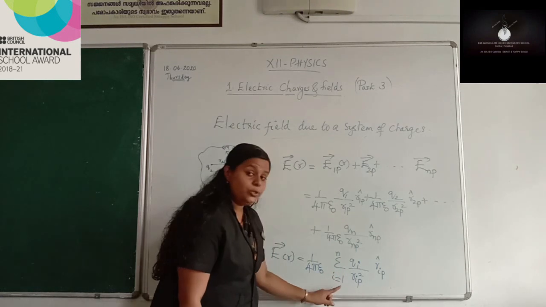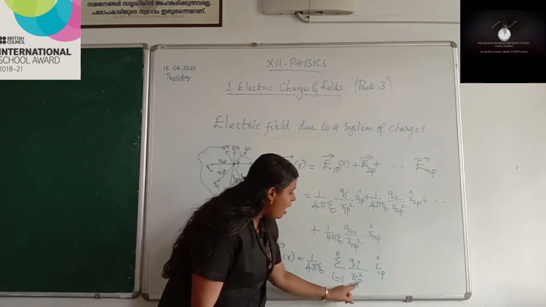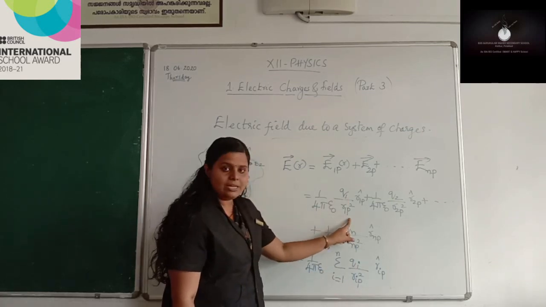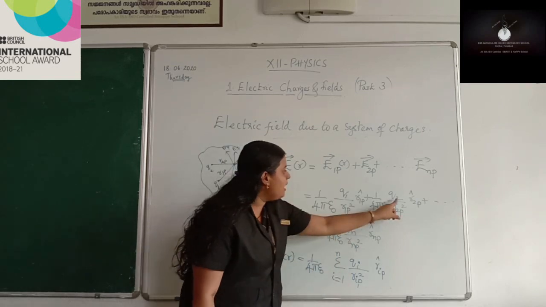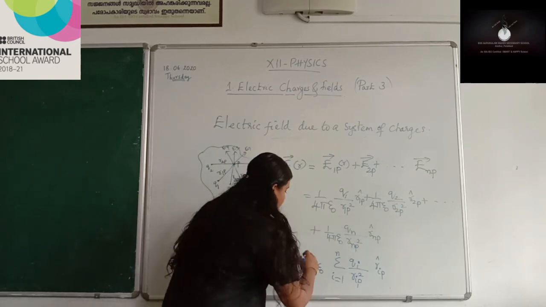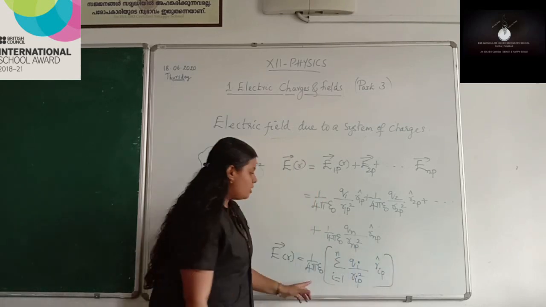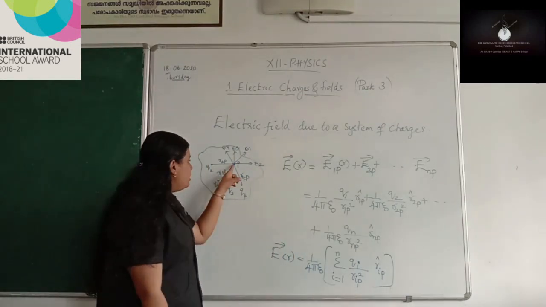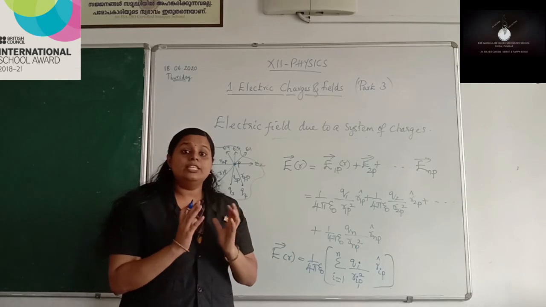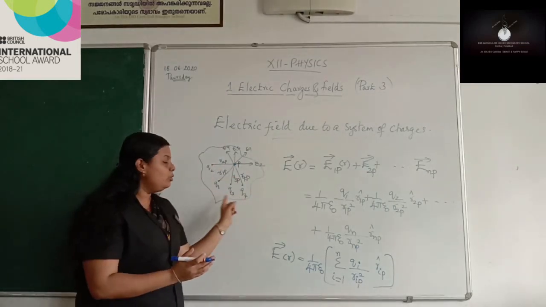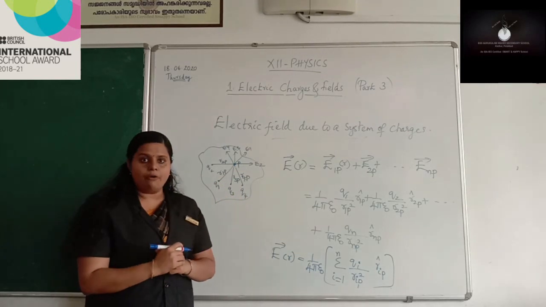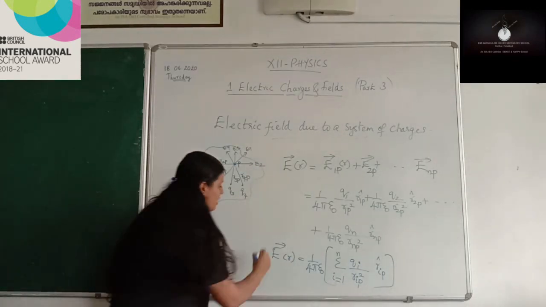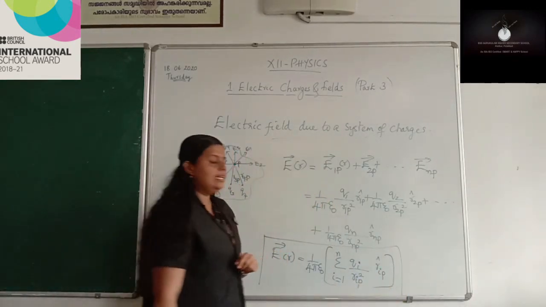When i equals 1, we get Q1 by R1P square. When i equals 2, we get Q2 by R2P square. Here 1 by 4 pi epsilon 0 is a common term. So this is the expression for the total electric field at the point P. The total electric field at the point P due to these charges is the vector sum of the electric fields at this point due to the individual charges. So this is the idea and this is the expression for total electric field.